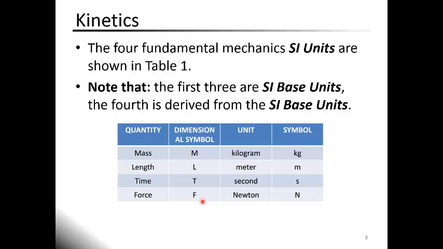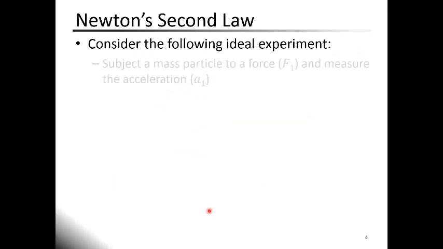The units of the mass is kilogram, the units of the acceleration is meter per second squared. So the kilogram multiplied by meter per second squared is Newton.